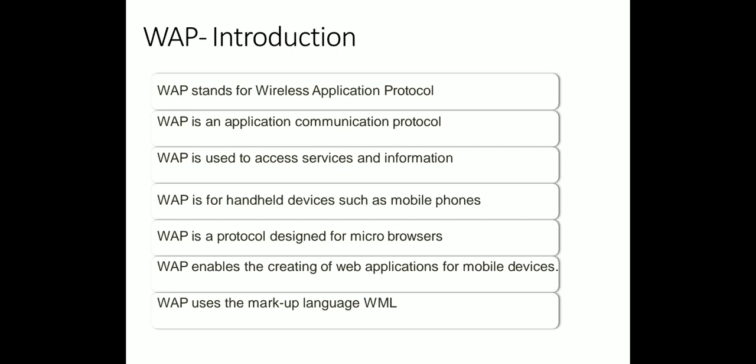WAP uses the markup language WML, which we are going to see in detail in the next session, along with the WMLScript specification and the Wireless Telephony Application Interface specification. WAP was published by the WAP Forum, founded in 1997 by Ericsson, Motorola, Nokia and Unwired Planet.